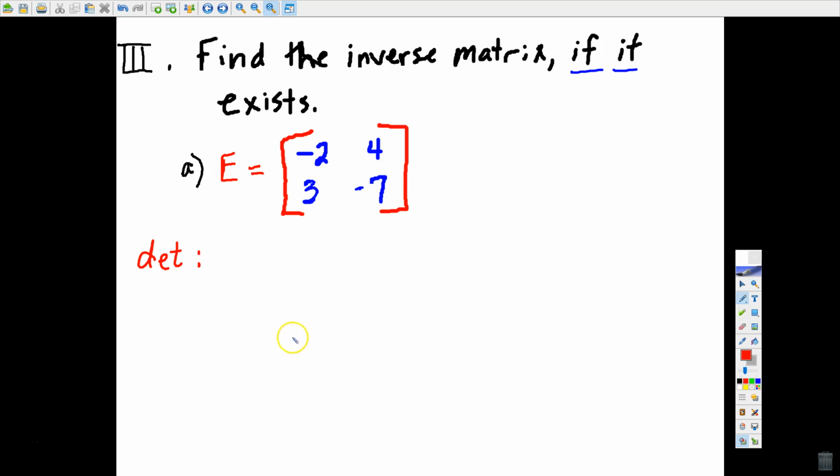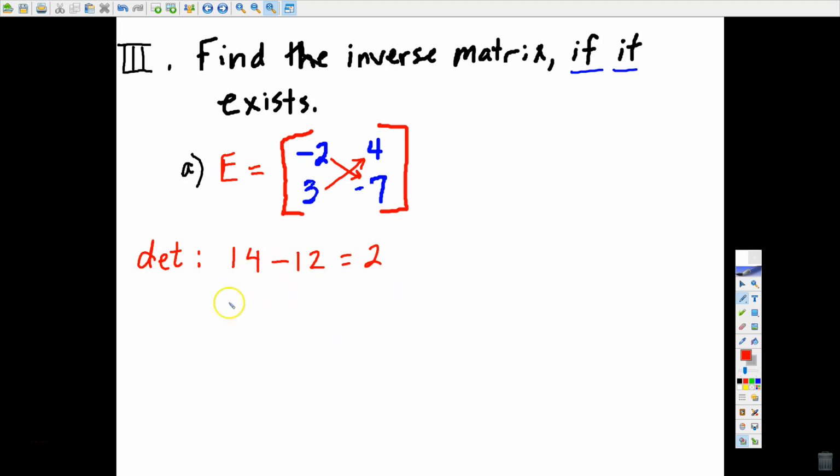How would you find it? Okay, negative 2 times negative 7, that's 14. What operation? Okay, and then what? 4 times 3 or 3 times 4 is 12. That means the determinant is 2. So I know an inverse exists.